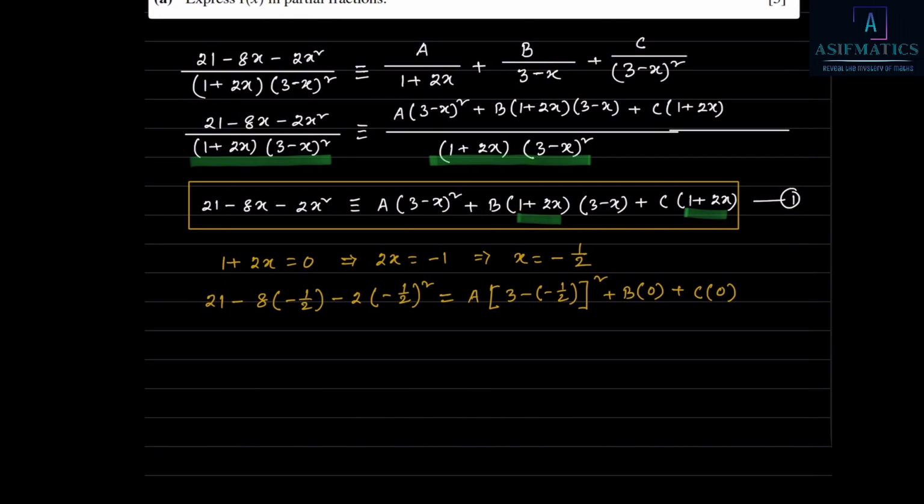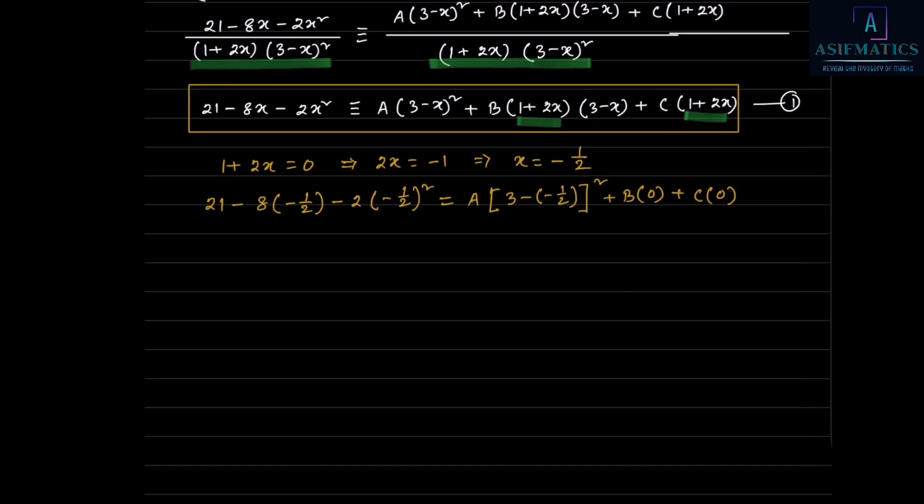If we calculate this part, we can write this one as 21, this will be plus 8 times 1 by 2, that is 4, and then we have 2 times 1 by 4, so this will be minus 1 by 2, equals a times (3 plus 1 by 2), that means (9 by 2) whole square, so that will be 9 by 4.